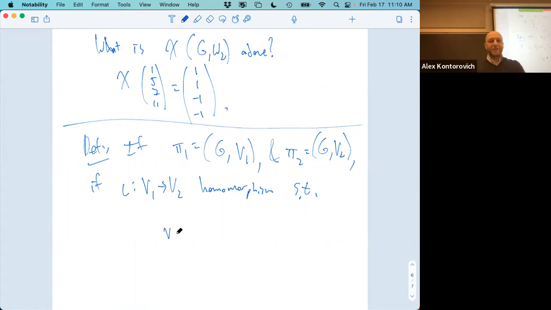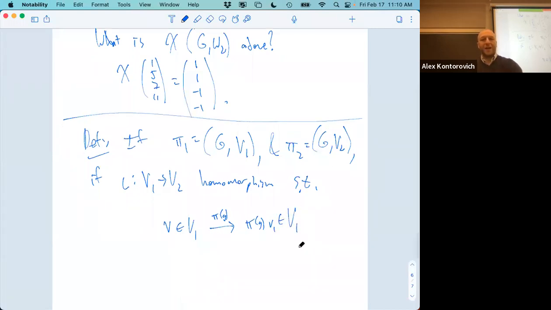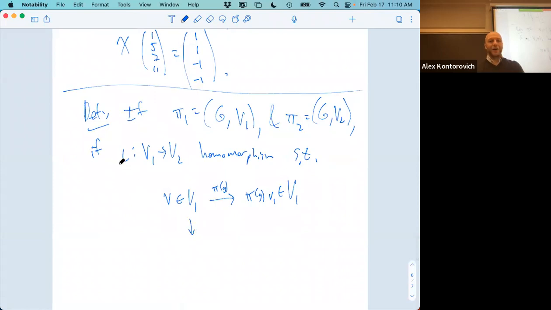So if I have an element v of V1, I can send it by pi of g to another element of V1, pi 1 of g v, which is in big V1. I can also map this down by iota to V2.